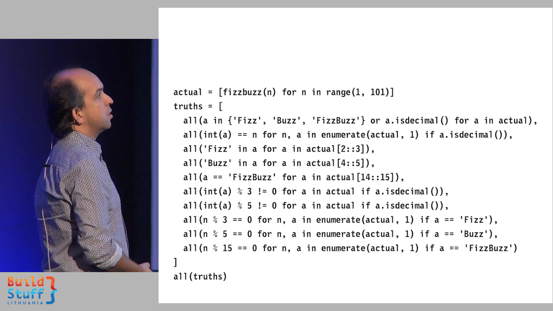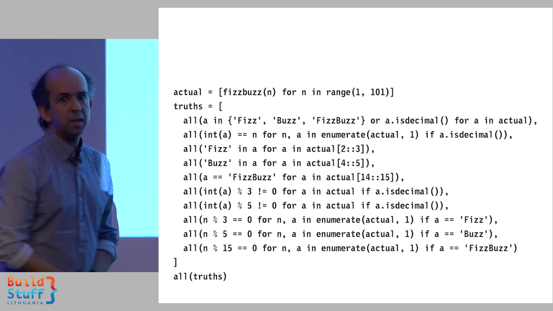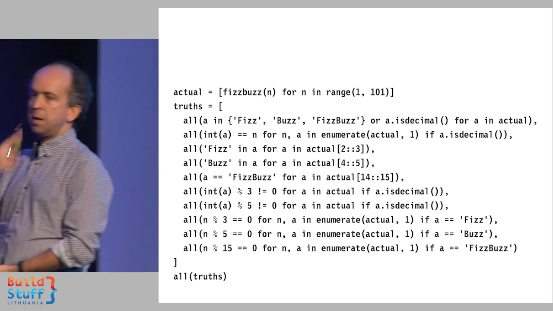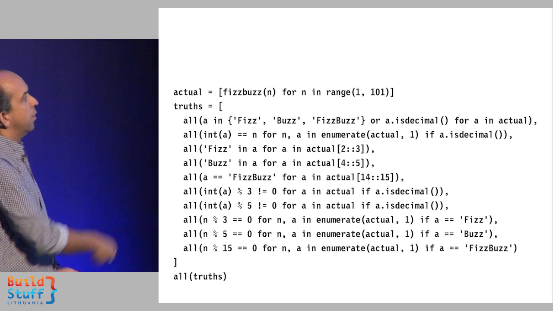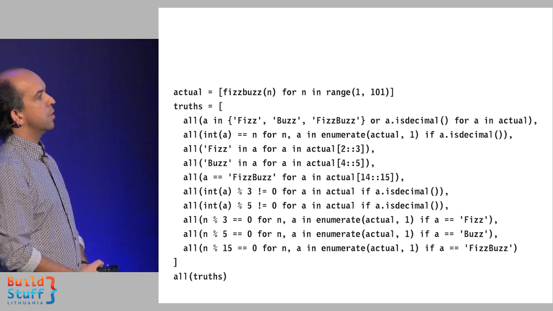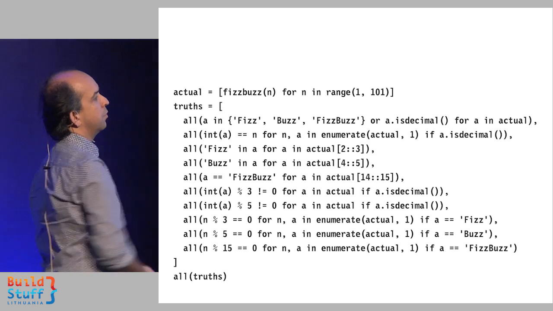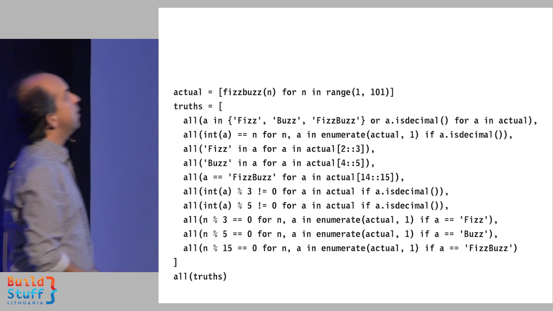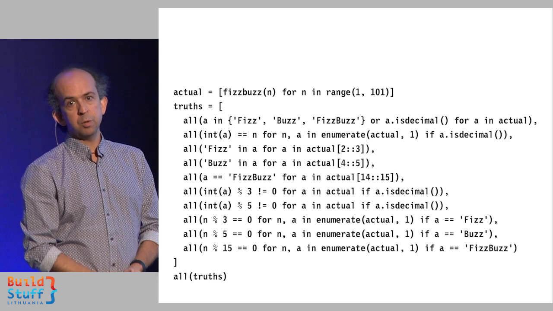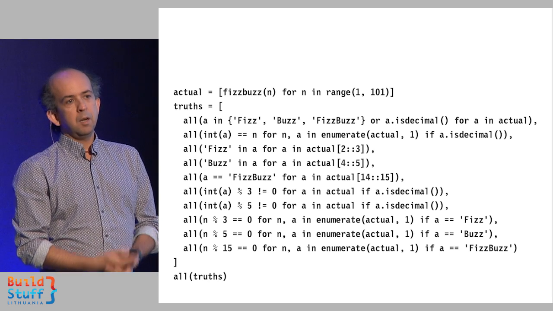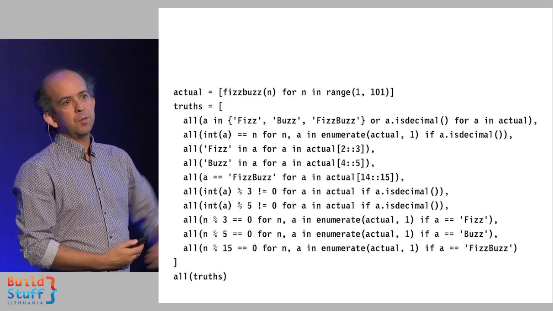No decimal result is divisible by 3. If you see a number, it should not be divisible by 3. If you see a number, it should not be divisible by 5. The ordinal position of every fizz result is divisible by 3. The ordinal position of every buzz result is divisible by 5. And the ordinal position of every fizzbuzz result is divisible by 15. These are the properties that must be true, necessarily, of those results.